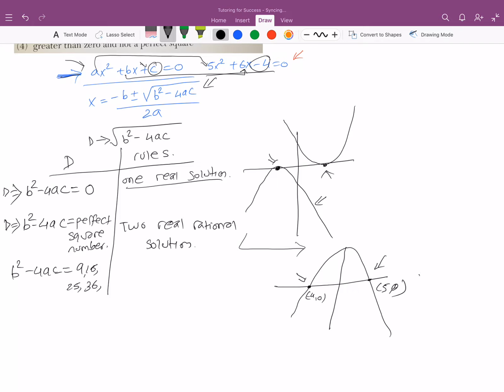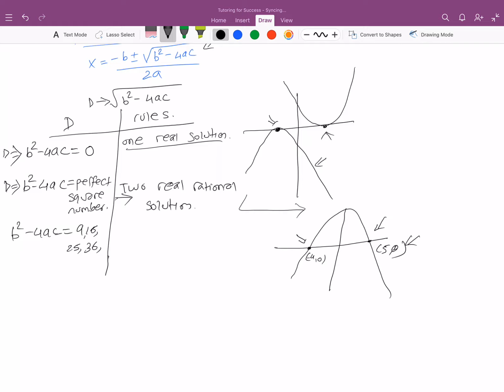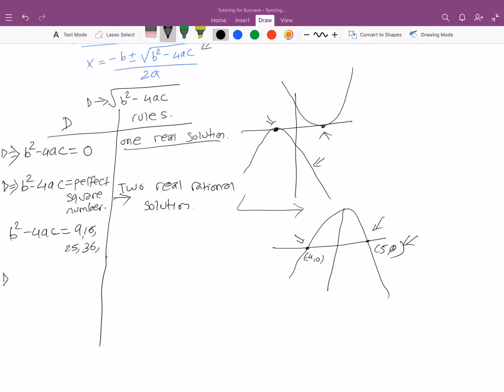These are all imaginary coordinates I just created, but they give you an idea of what the coordinates look like under this condition. So when you have b squared minus 4ac, which is a perfect square number, you get two real rational solutions.